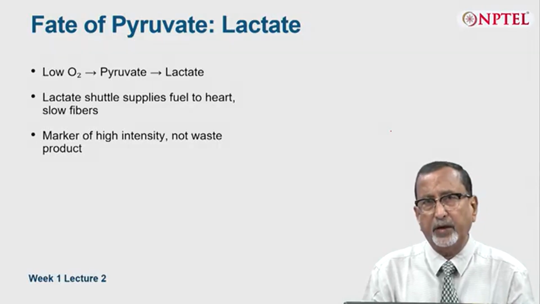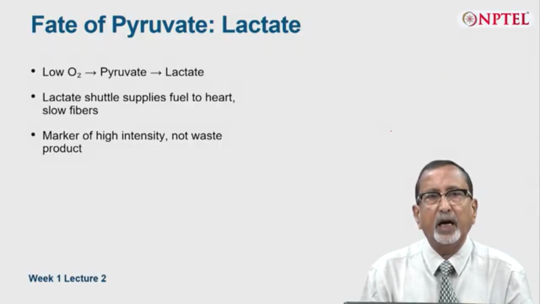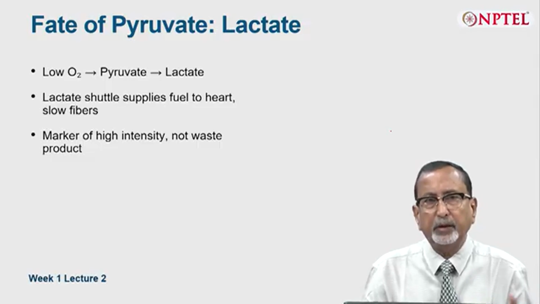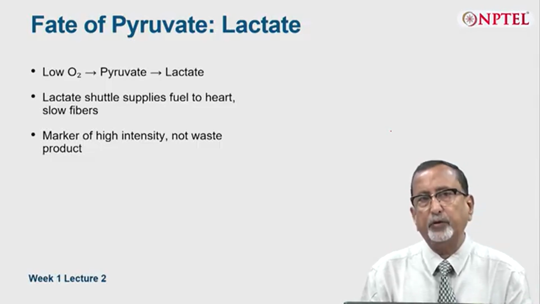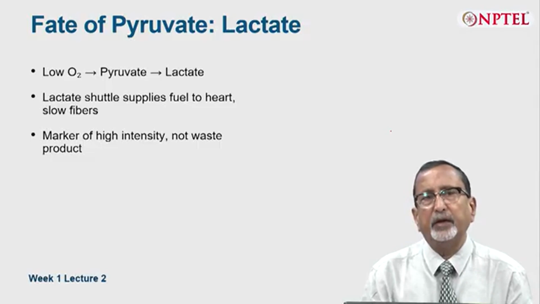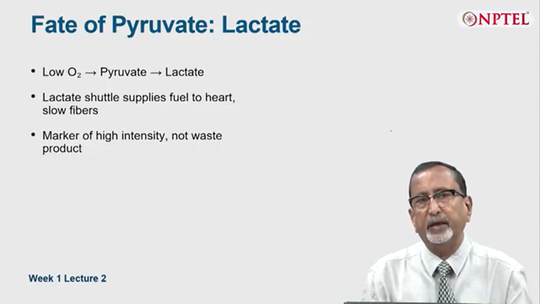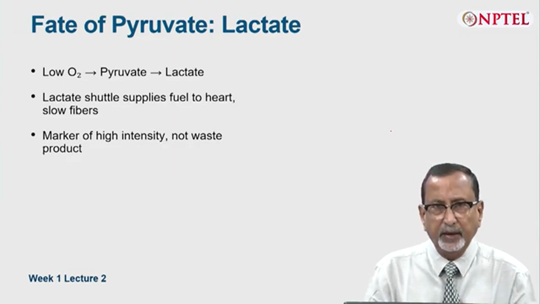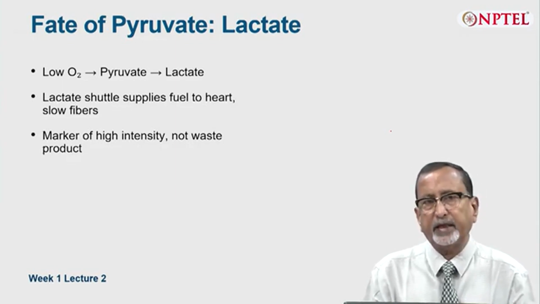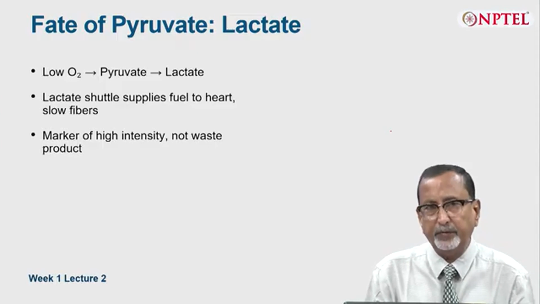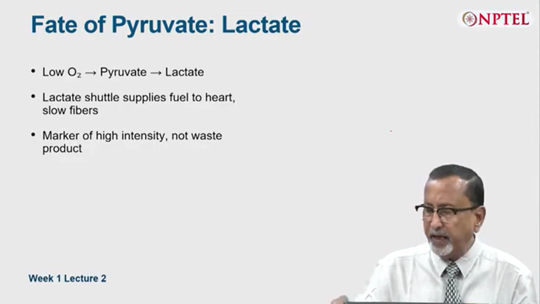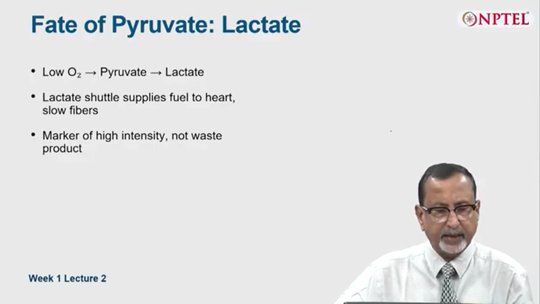Lactate is one of the major fuels for the heart, because the fuel system in the heart is omnivorous. Fat can provide major energy for the heart and cardiac muscles, and even lactate can be one of the major fuels for heart muscle. It is the marker of high-intensity activity, that lactic acid system.